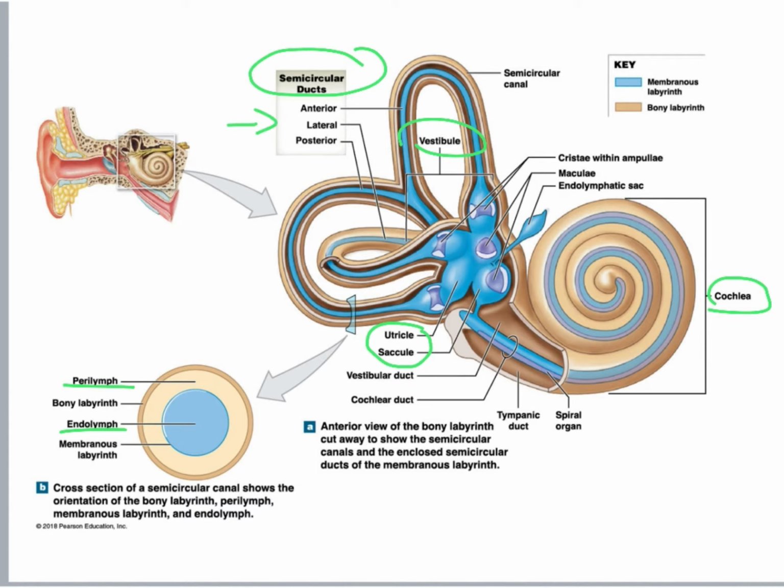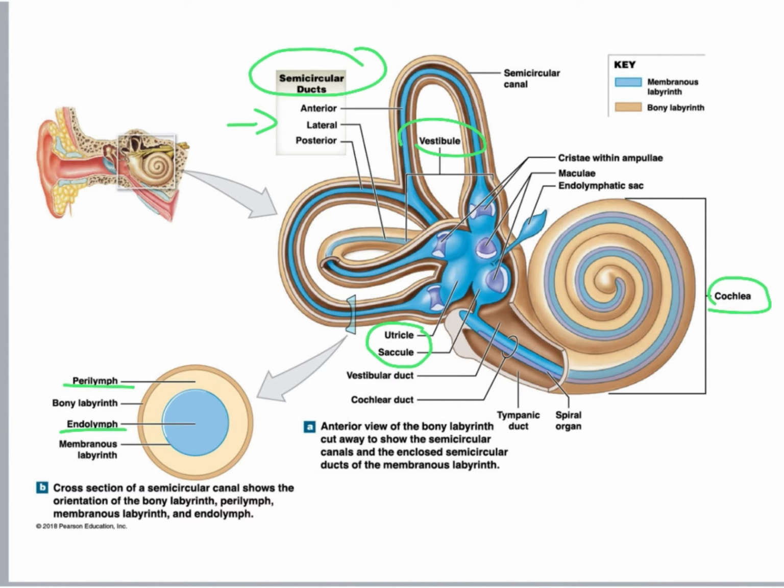The vestibule and the semicircular ducts together form what we call the vestibular complex, and they are involved with balance and equilibrium. Now, the cochlea that you see here, that looks like a snail shell, is not involved with equilibrium. It's actually involved with hearing, because it contains specialized cells that transduce sound waves into action potentials, and that allows us to become conscious of sound.